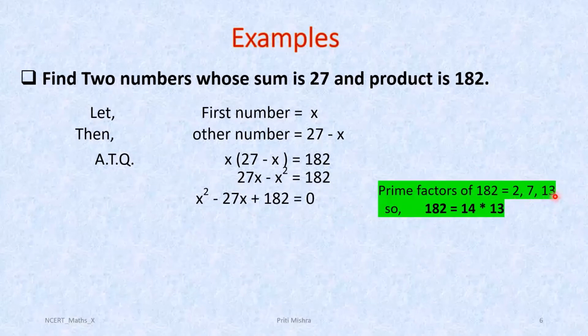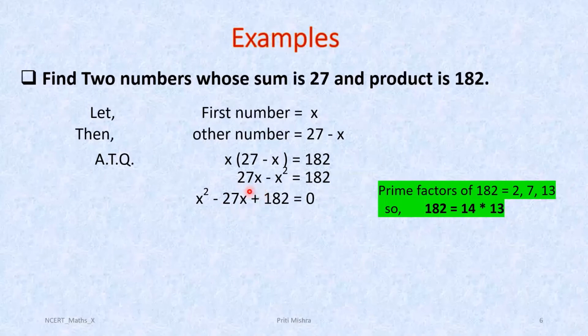Now we have to arrange these three factors into two factors such that the sum of those two factors should be 27. So 7 into 2 is 14, and 14 plus 13 gives us 27. And here we are searching for two factors whose sum should be the middle coefficient.